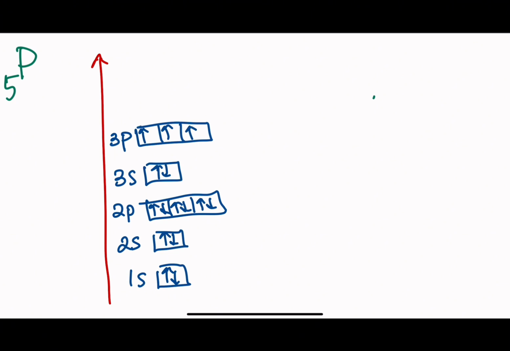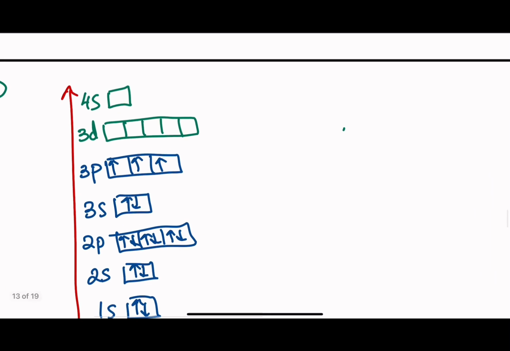But after here, when I want to write the maximum excitement state, I'm going to write the 3d. Normally we used to write the 4s, right? But when you write the maximum excitement state, when you have enough energy to put into the system, the electron will go to the 3d, not 4s.